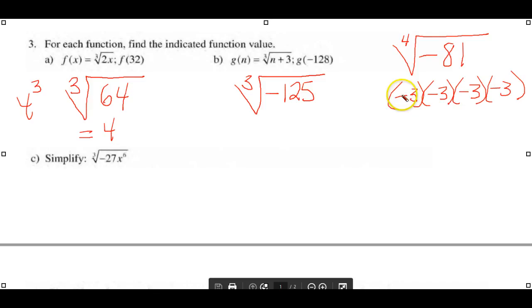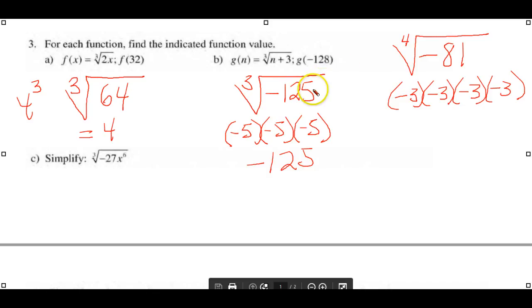Now, if they are positive, then it is, of course, a positive. Now, here, 125 is a perfect cube. And if we multiply it 3 times, -5 times -5 times -5, this does give me a negative 125.